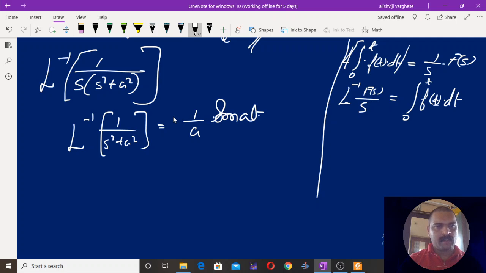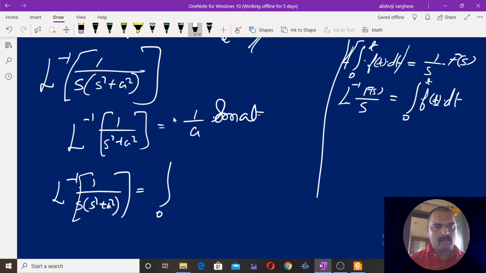So if you divide the Laplace transform of sine at by s, then the required inverse Laplace transform of 1 by s into (s square plus a square) is equal to integral 0 to t of 1 by a sine a t dt, or let's have some other dummy variable u, du.